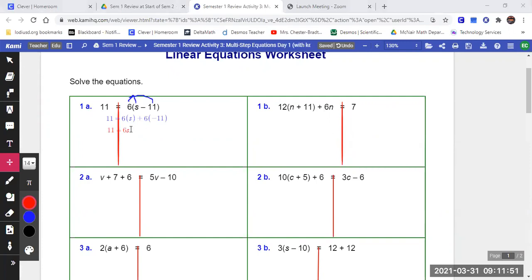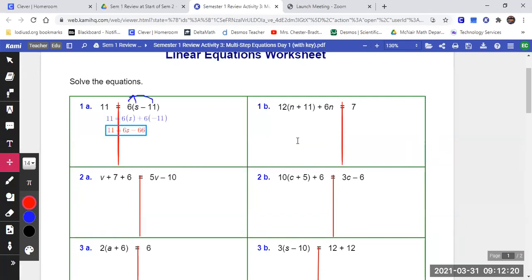Six times negative 11, what would we get? Negative 66, exactly. So now we've handled the distribution.